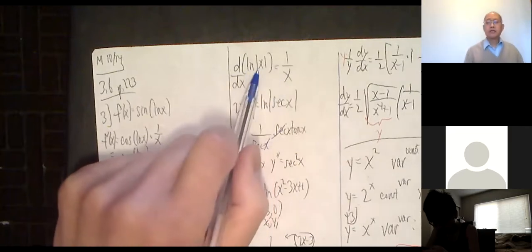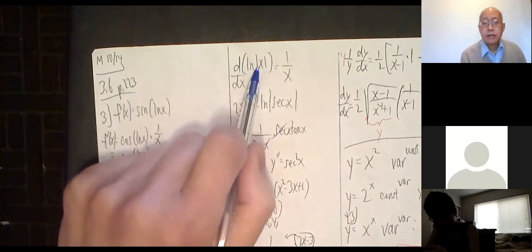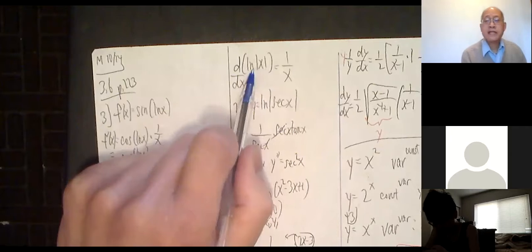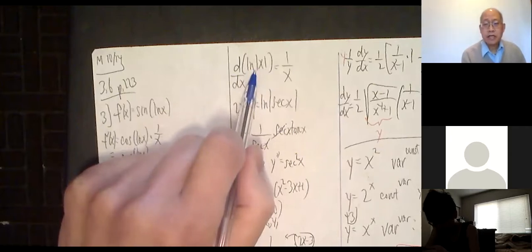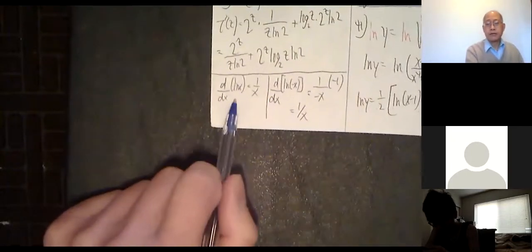Okay, now why does this work? Well, absolute value of x is either x, if x is greater than or equal to 0, or it's negative x, if x is a negative number, right? So absolute value of x, it might be x, in which case the derivative is 1 over x.